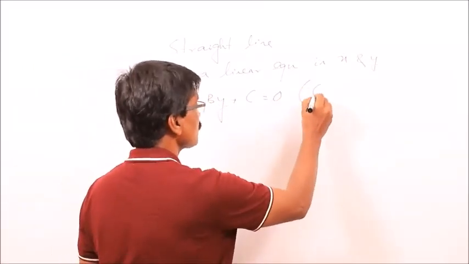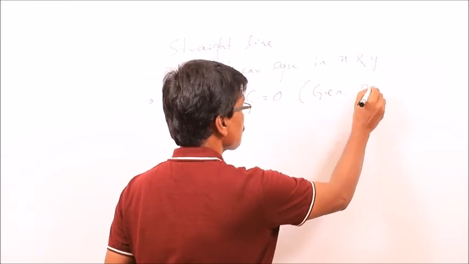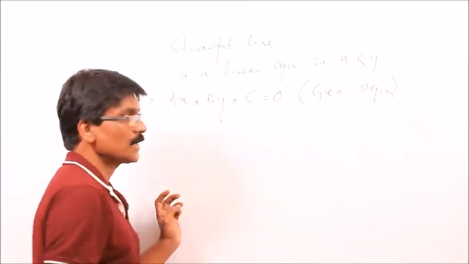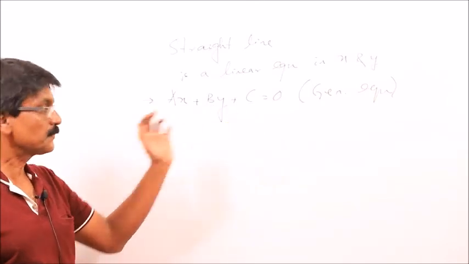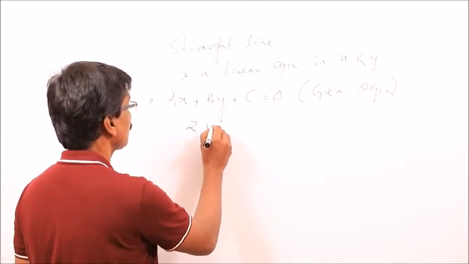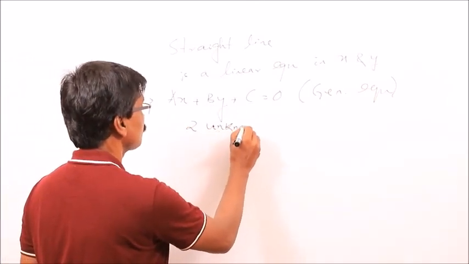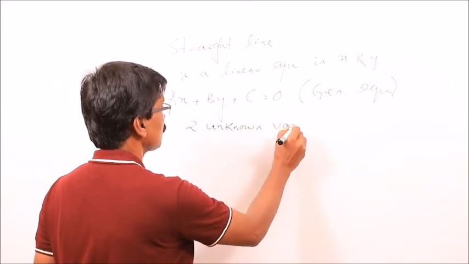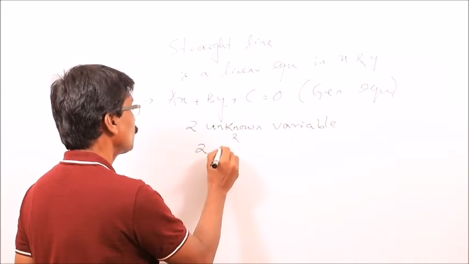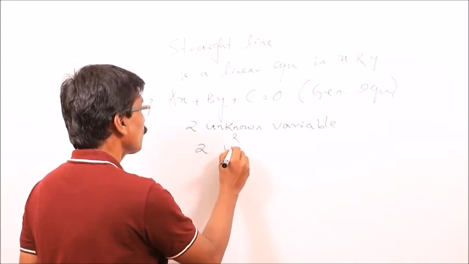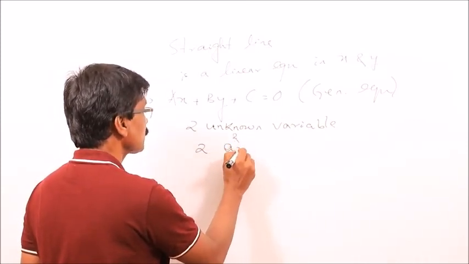So, this is the general equation of a straight line, and a straight line has two unknown variables and two arbitrary constants.